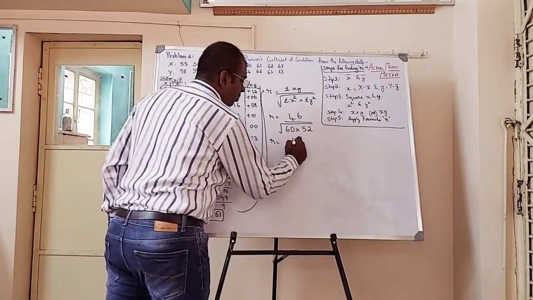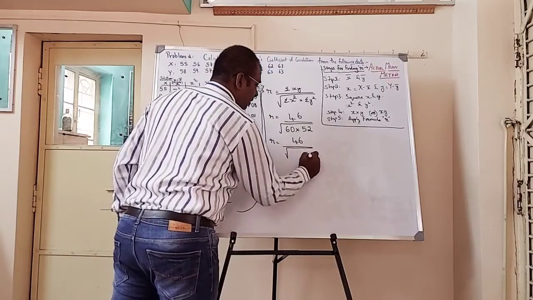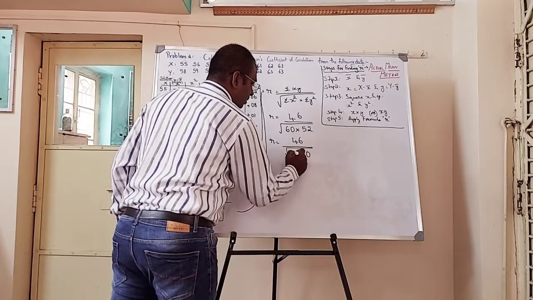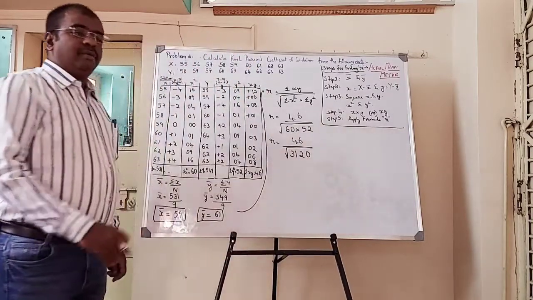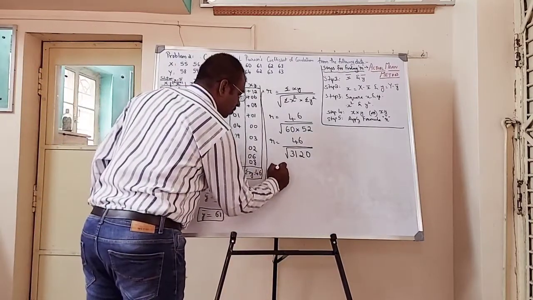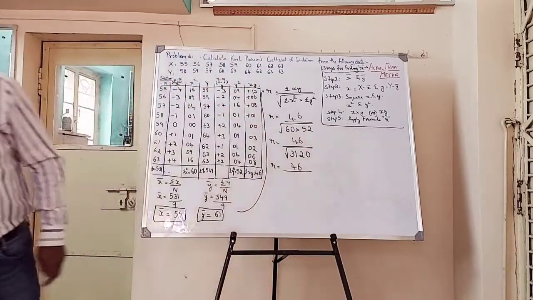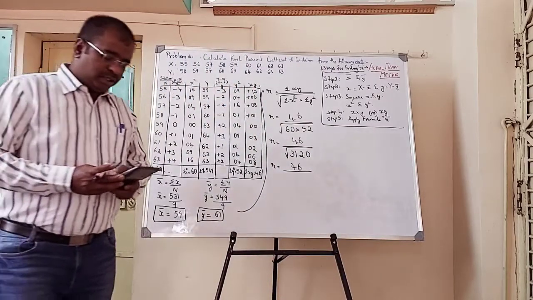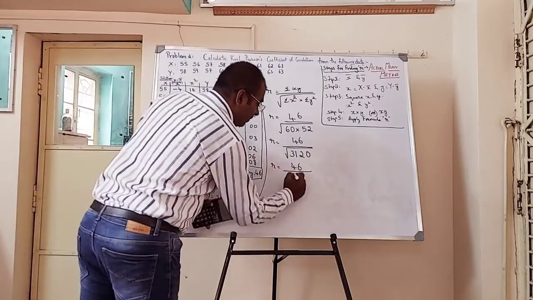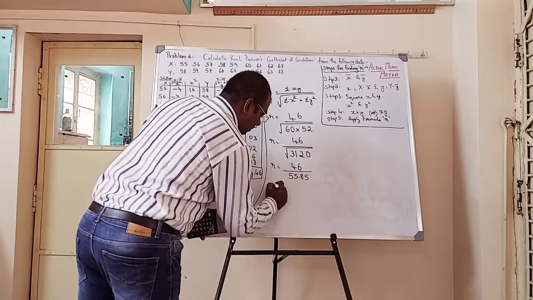R is equal to 46 divided by square root of 3120. The square root of 3120 will be 55.85.